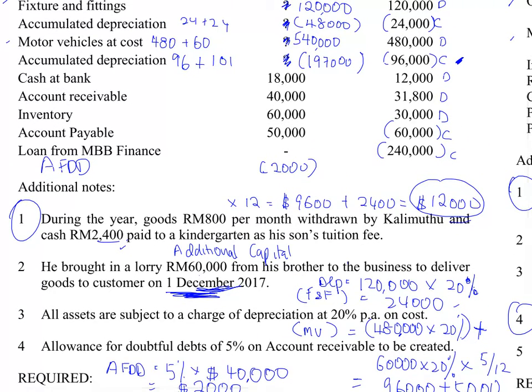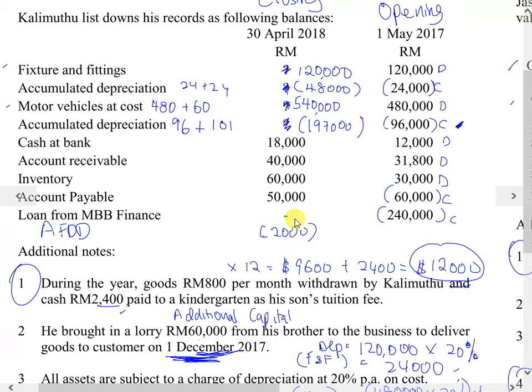Now we have found all the figure here. Asset found, liability found. Can we find the capital? Yes. Do the same thing. Statement of affair, debit and credit. Find missing figure capital. Like this. Do the same thing for this.